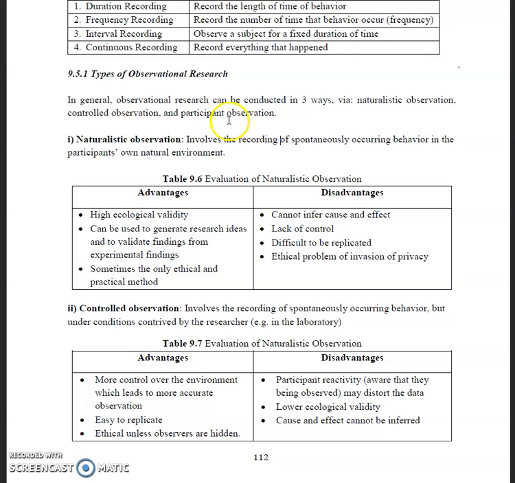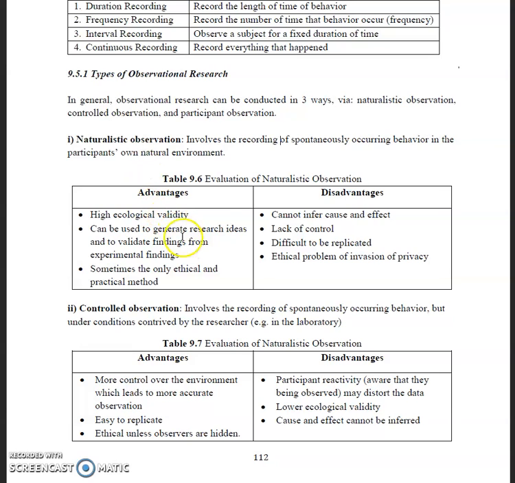Naturalistic observation is where you record your observation in the participants' or the subject's own natural environment. Say, for example, we observe the homeless person. We will observe the homeless person in their natural environment. Where would their natural environment be? Maybe in the street somewhere.